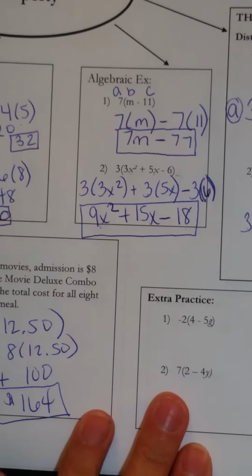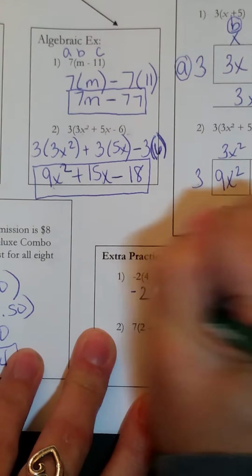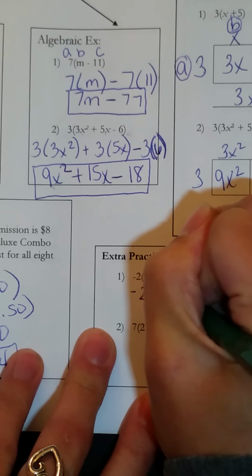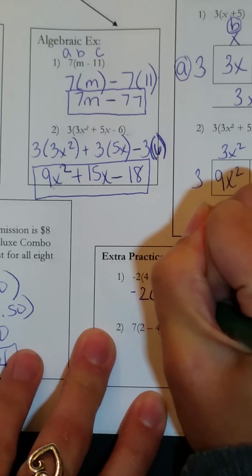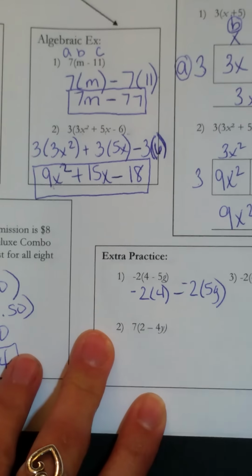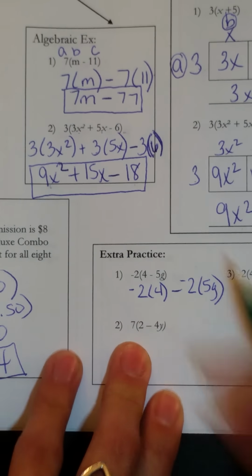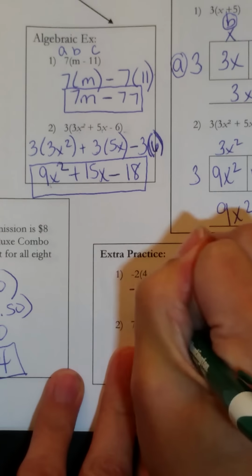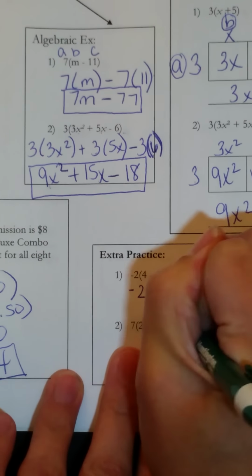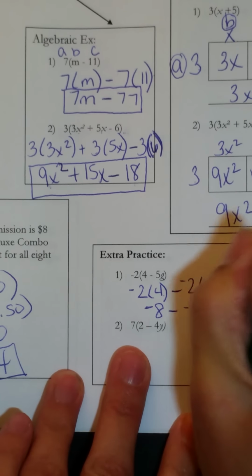I'm going to go a little bit faster through here just because I'm running out of time. So, same examples that we just did, just a couple more. Negative 2, parentheses 4, minus negative 2, parentheses 5g. So negative 2 times 4 gives us a negative 8, minus negative 2 times 5g gives us a negative 10g.